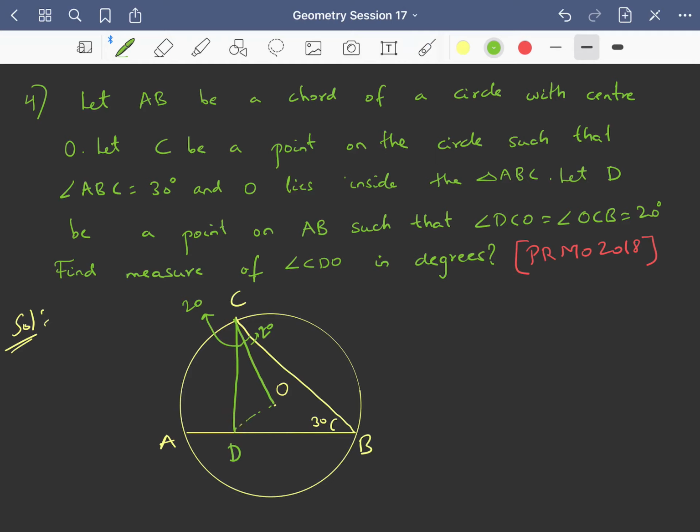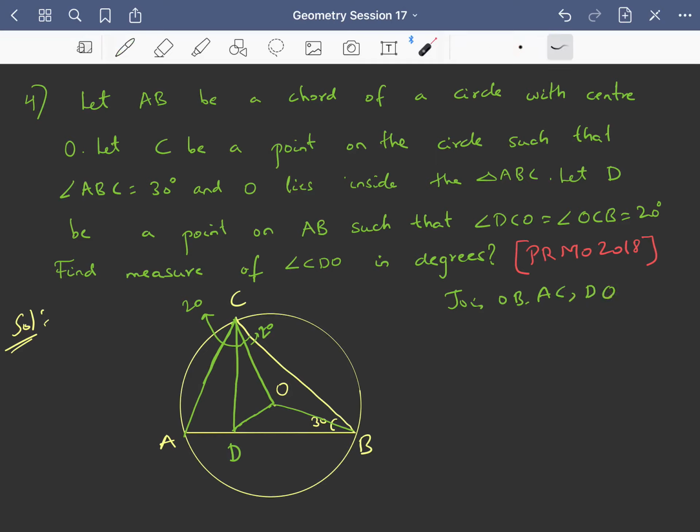So let us think how to solve this problem. So I'm joining AC and I'm joining DO. Fine. So let us also join OB. So join OB, AC and DO.